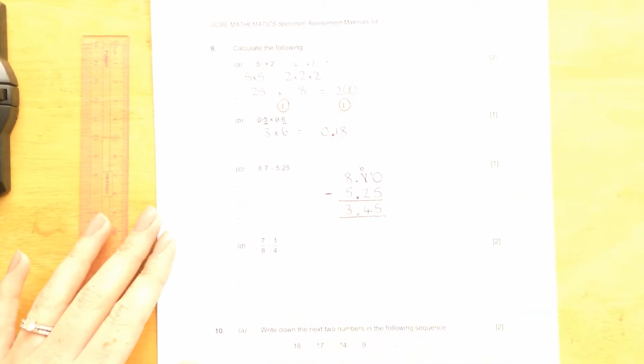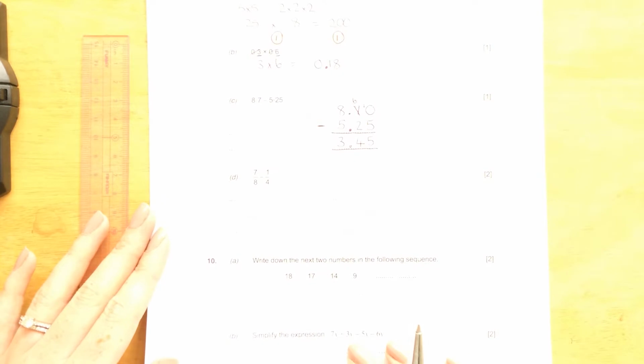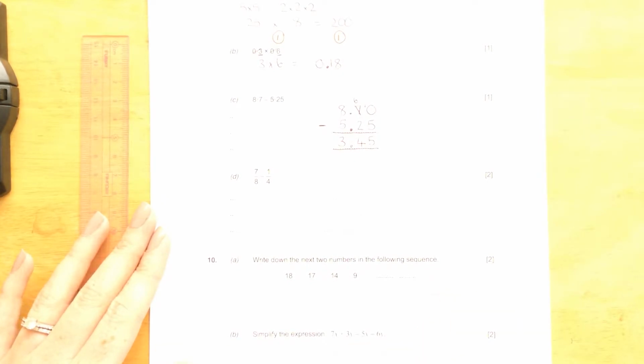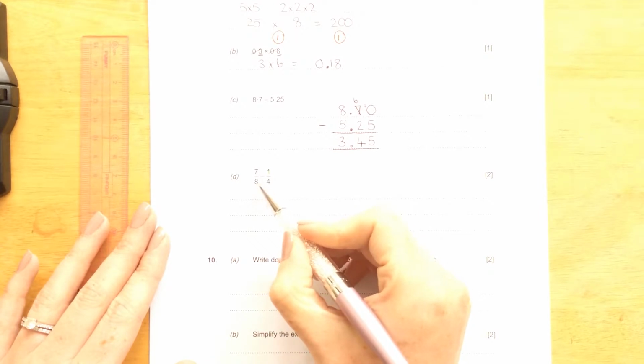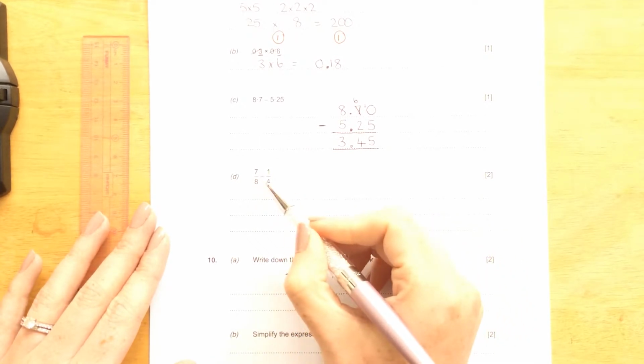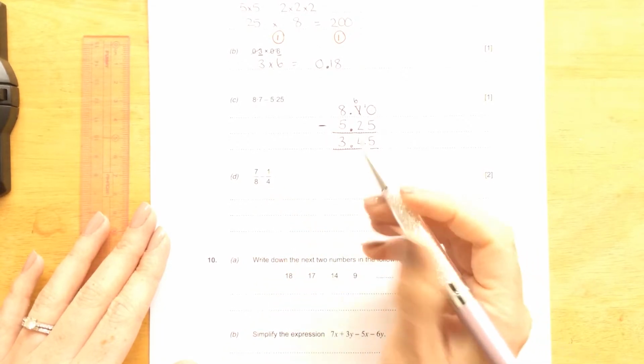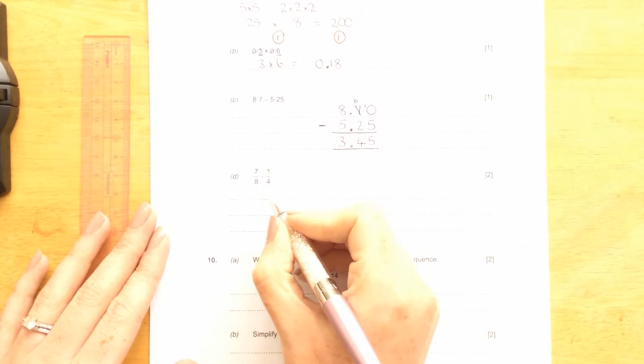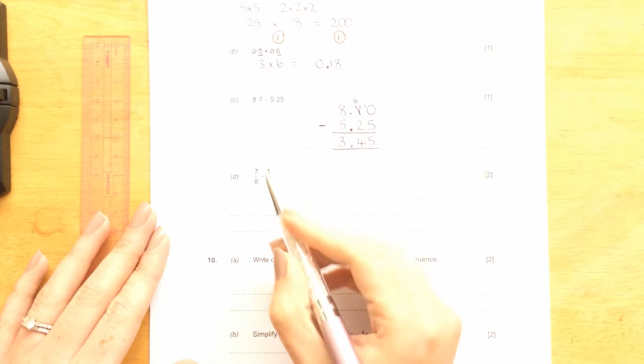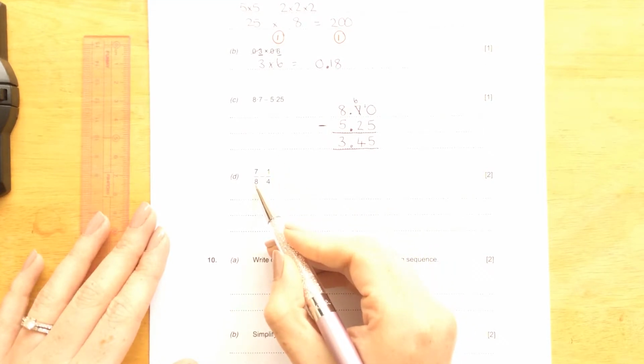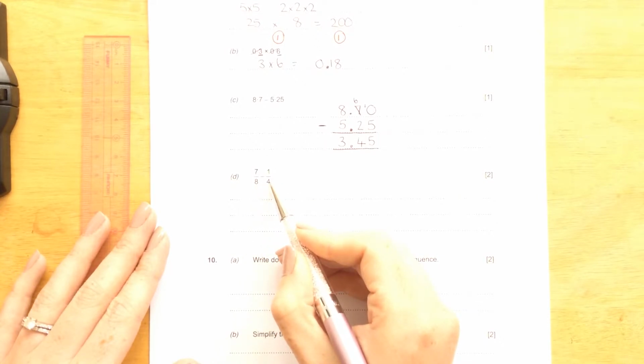Part D. Taking away fractions. So these here are the denominator, the bottom numbers. They're different. We need to make them the same to be able to do this sum. So how do we make them the same? We take the bigger number first because it's easier to work with. We need to find a number that is in both the 8 times table and the 4 times table.